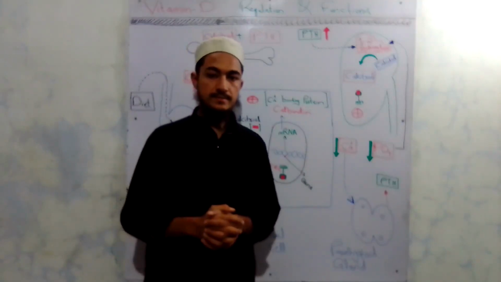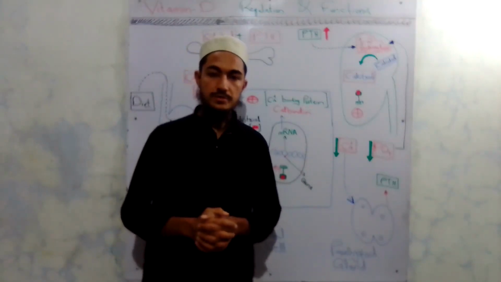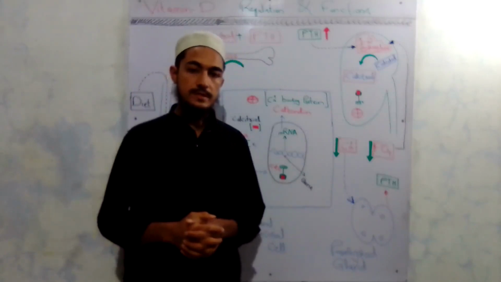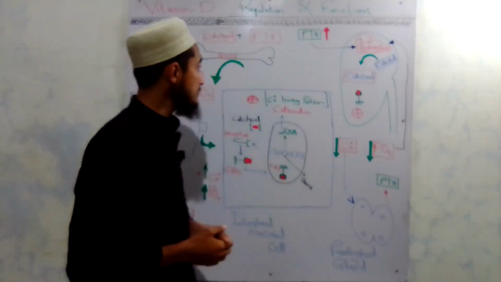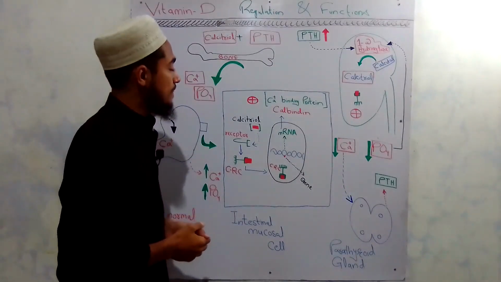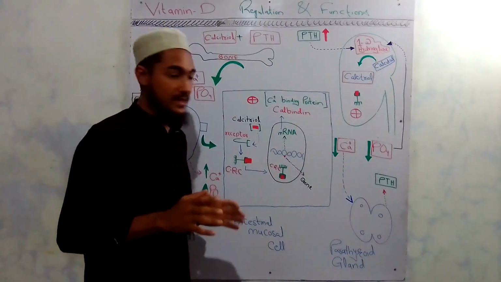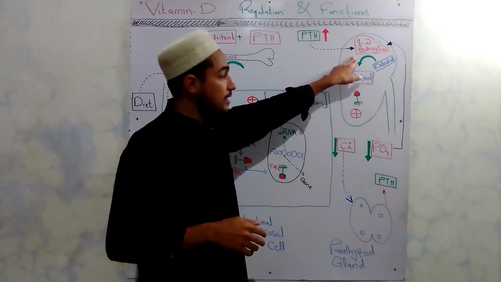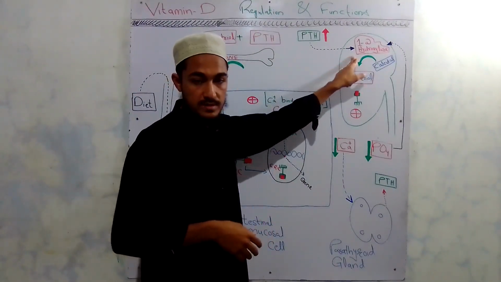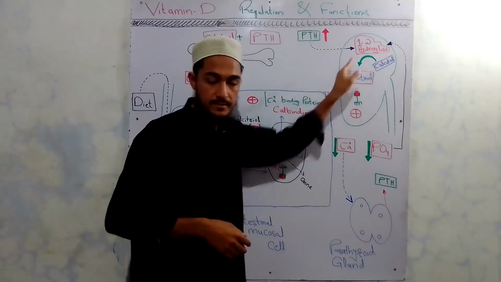Okay, so after studying the molecular structure of vitamin D, now we will discuss the regulation and biological functions of vitamin D. Vitamin D is regulated by the enzyme alpha 1 hydroxylase present in the proximal convoluted tubules of the nephrons.